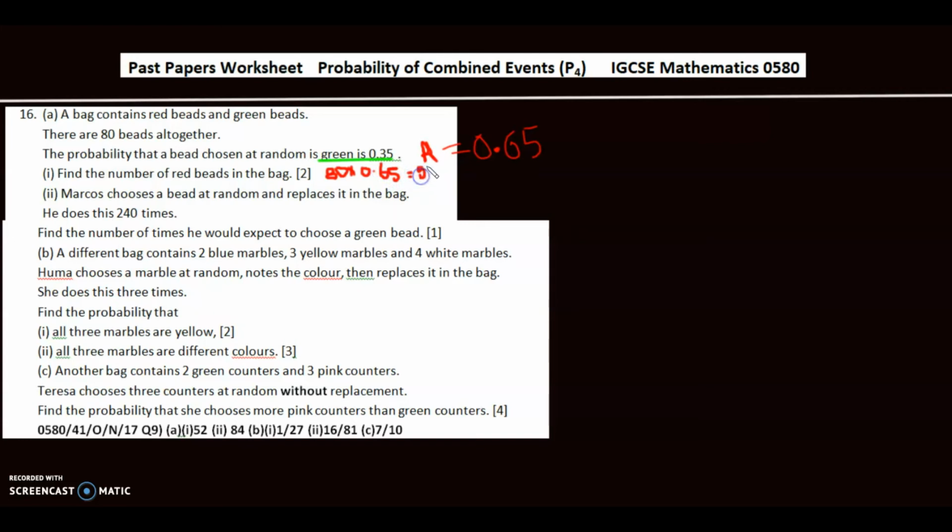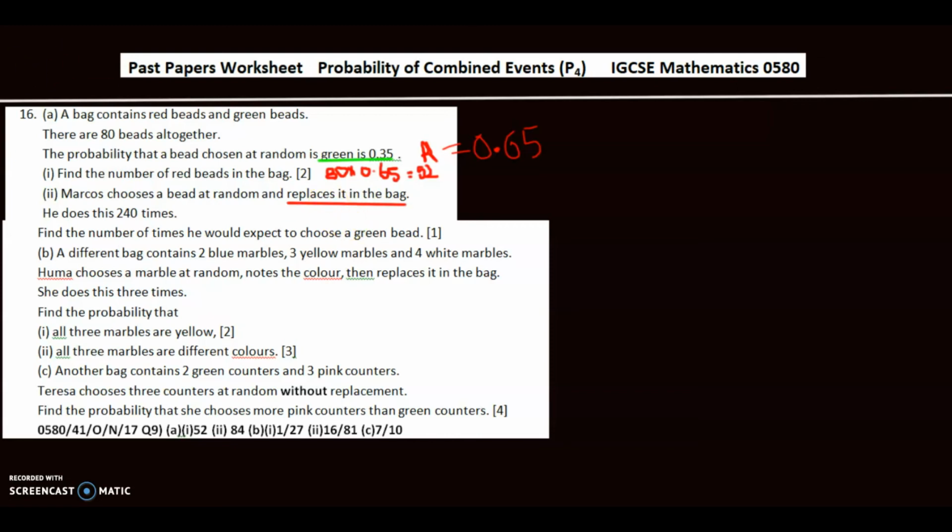Okay. Part 2, which is Marcos chooses a bead at random and replaces it in the bag. So he chooses a bead and then he replaces it. So the bead goes back. He does this 240 times. Find the number of times he would expect to choose a green bead.